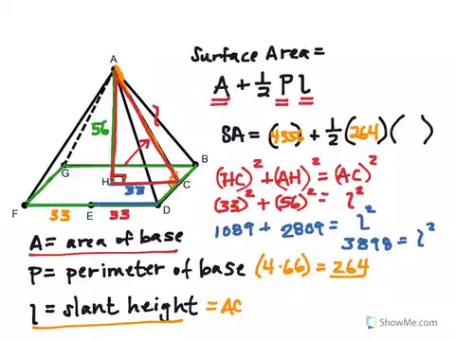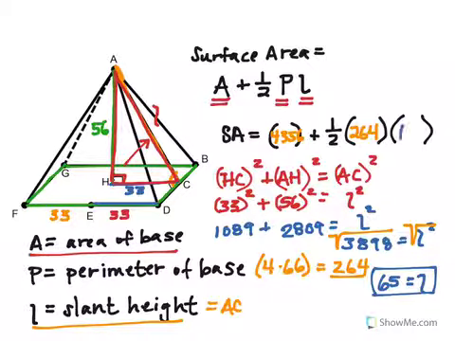And then finally, I can take the square root of both sides. The inverse operation of squaring something is to take the square root. So when I take the square root of both sides, I'm left with the slant height equal to the square root of 3,898, which is 65. It happens to be a Pythagorean triple there. So if my slant height is 65, I can plug this in.